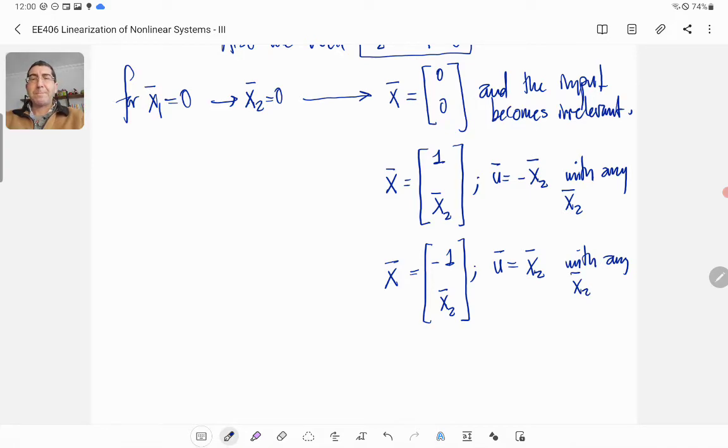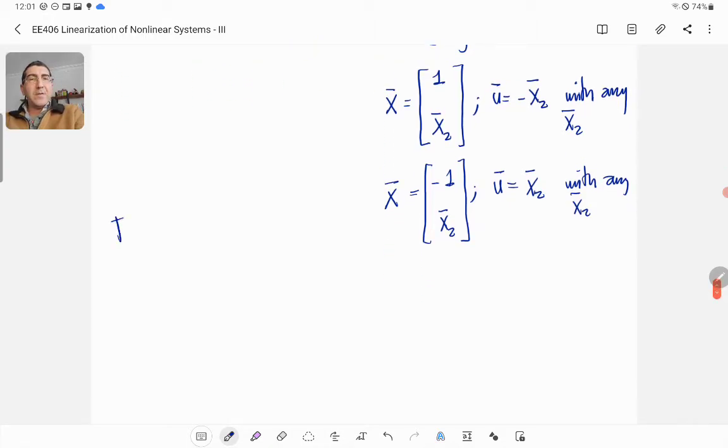So these are the three equilibrium points. One of them is really a singular point. The other two are equilibrium conditions which can be satisfied by choosing the proper input and the proper state. Okay? Let me give you a numerical example from our system.